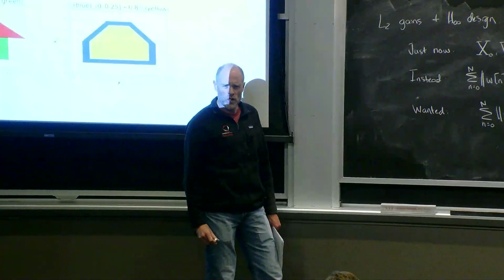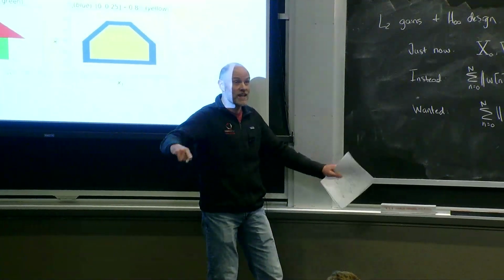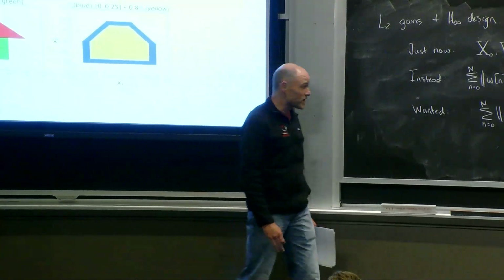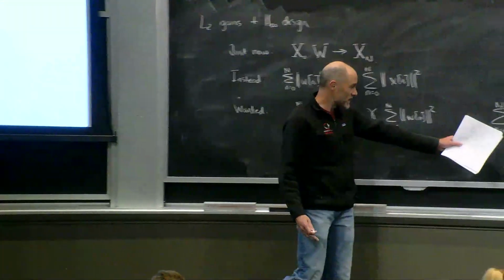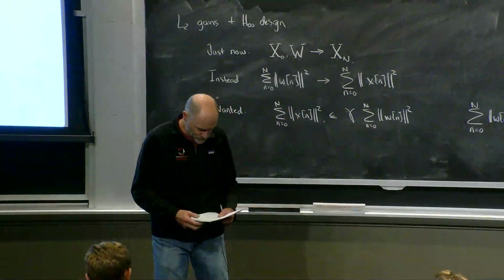It's not that my worst case instance on one step is bounded. It's just that the total energy is bounded. It turns out to be a much less conservative way to write a bound.